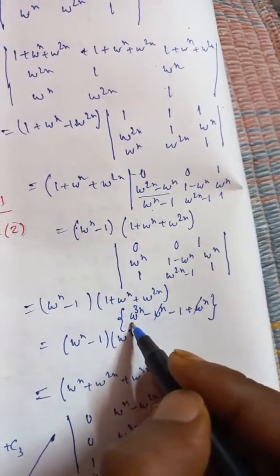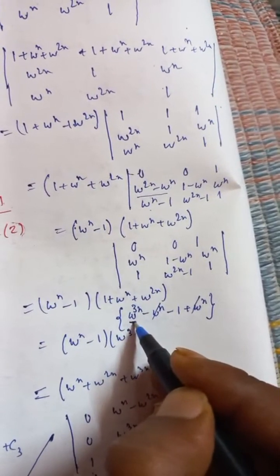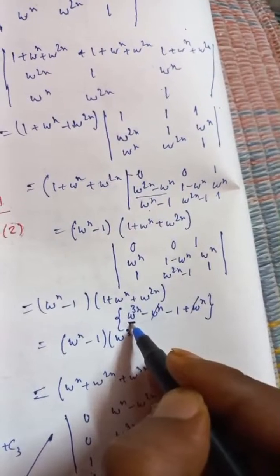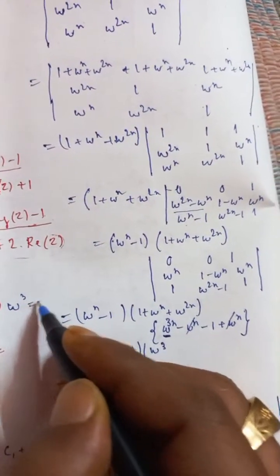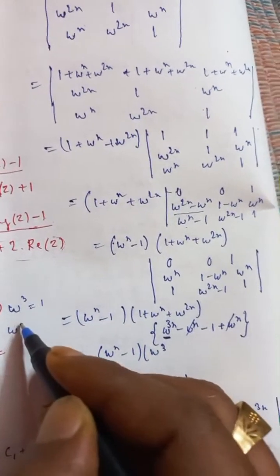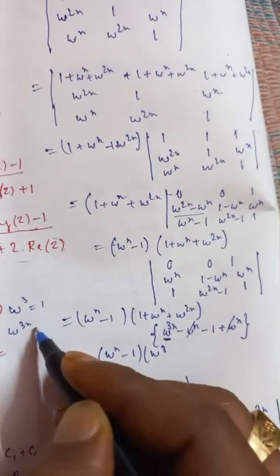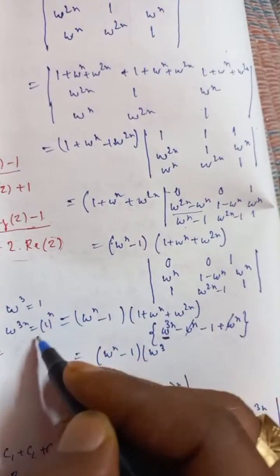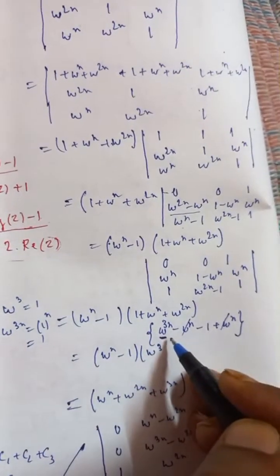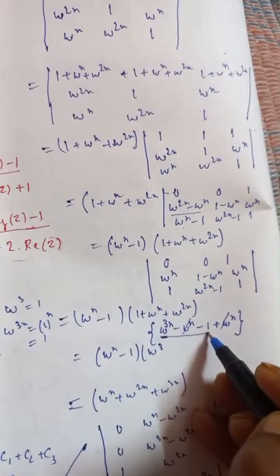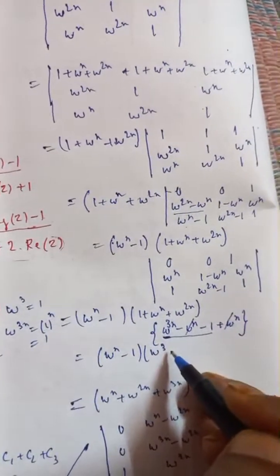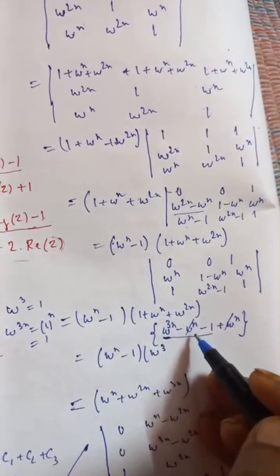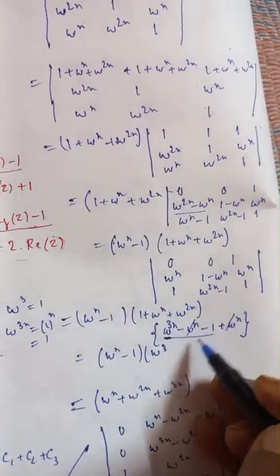Omega cube is equal to 1. We know that omega cube is equal to 1, so omega 3n is equal to 1 to the power n, which is equal to 1. So this term will be equal to 0. There we will get omega cube, 1 minus 1 is 0.